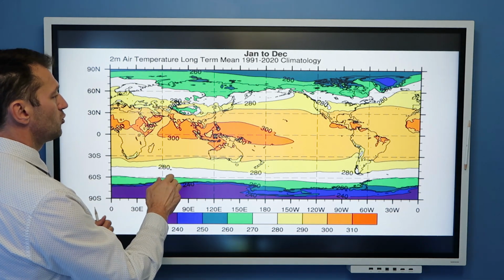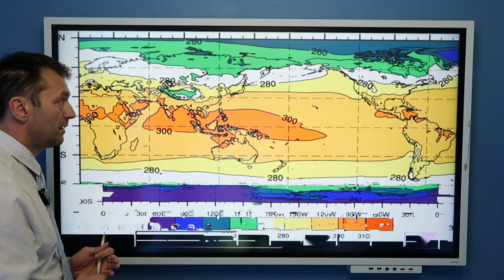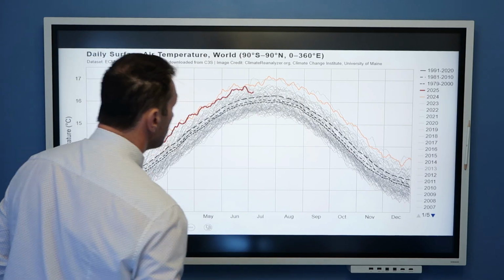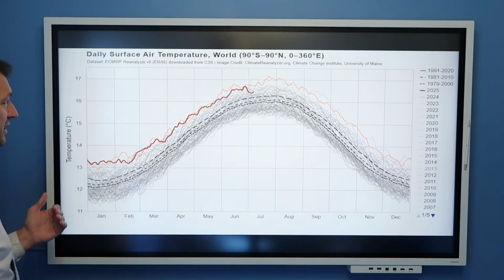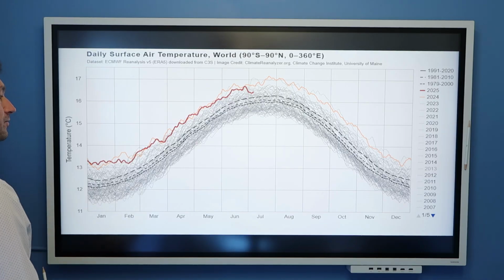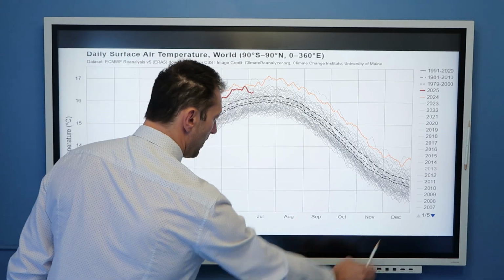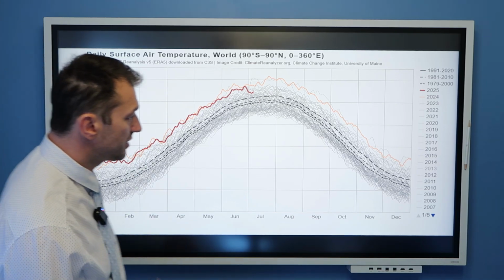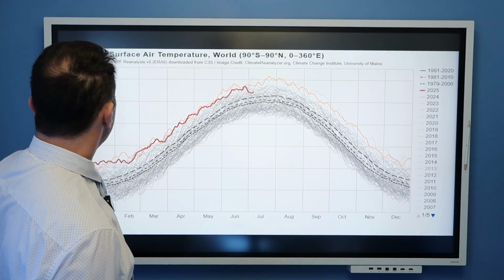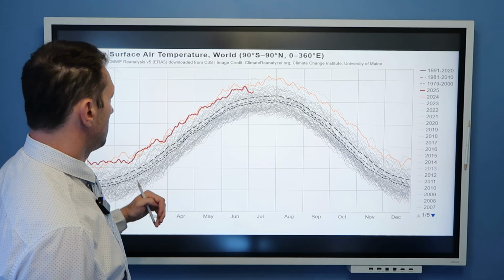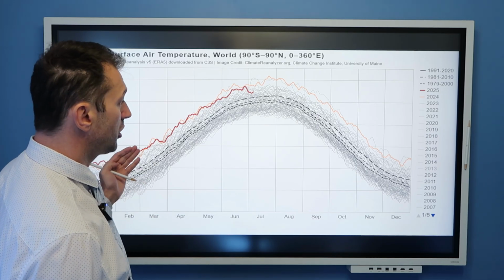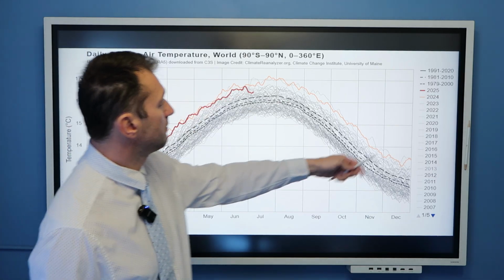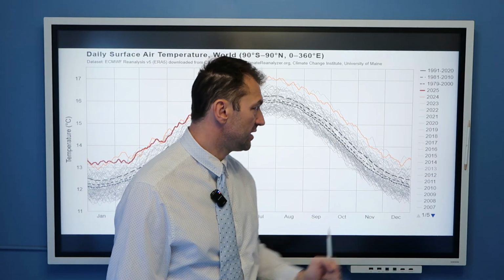Yet another way to represent these average temperatures is if we plot here month and we plot here temperature, this time in degrees Celsius. So here are average surface temperatures globally for the last many years, since 1979.